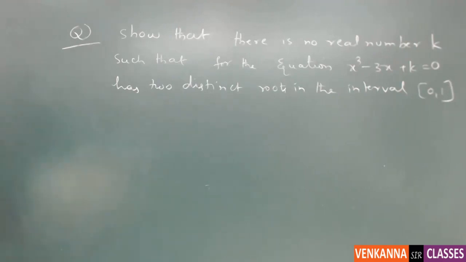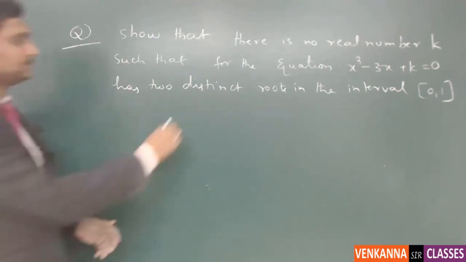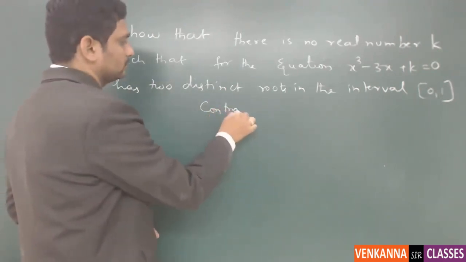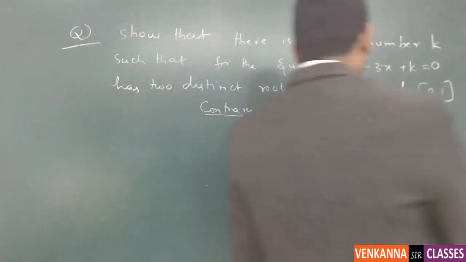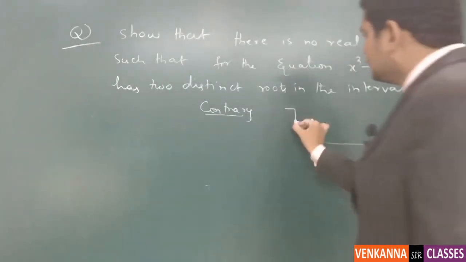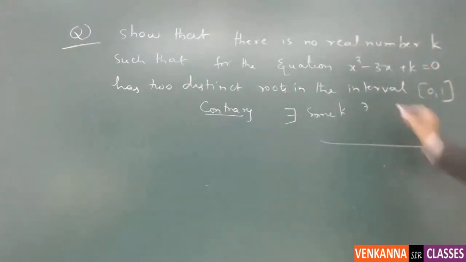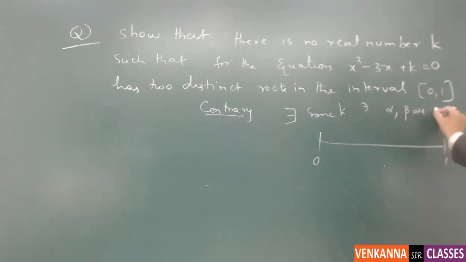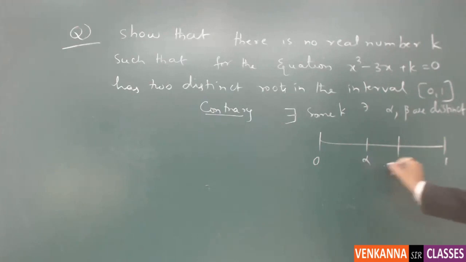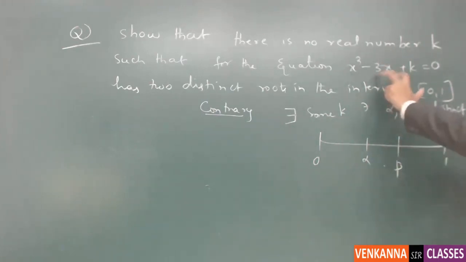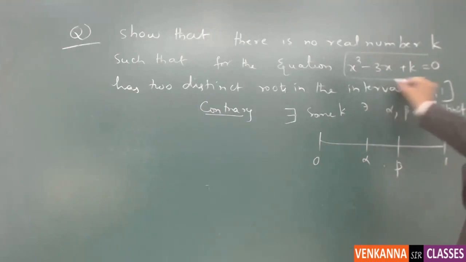Right. Now, to prove this problem, let us assume it contrarily. So let us say that there existed some k such that in the interval 0 and 1, I got 2 roots for the equation x cube minus 3x plus k equal to 0.